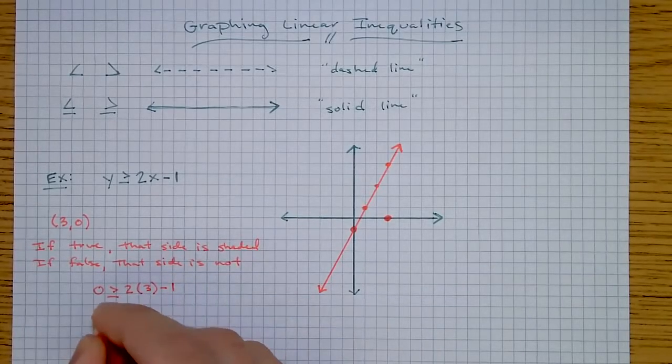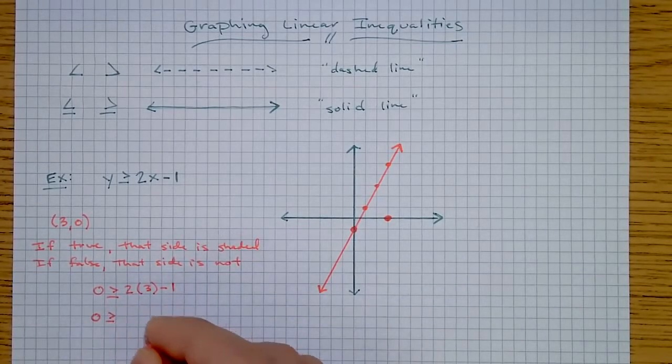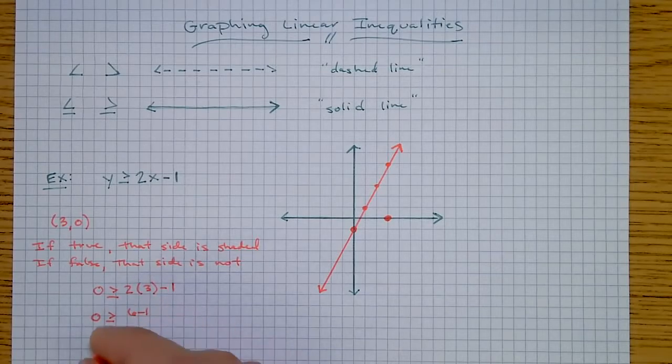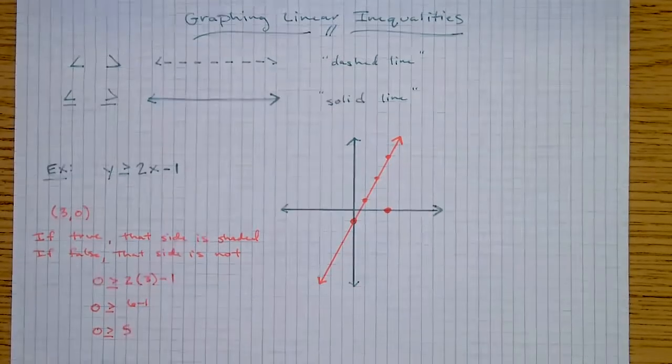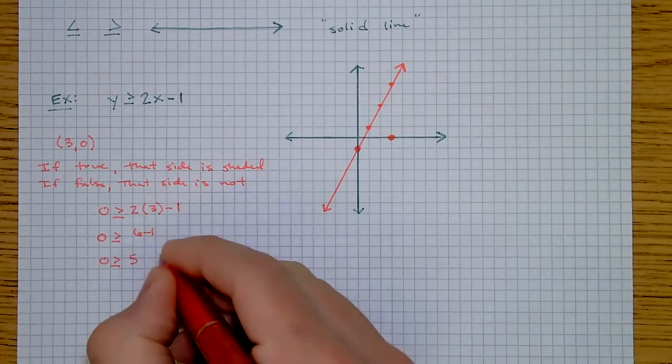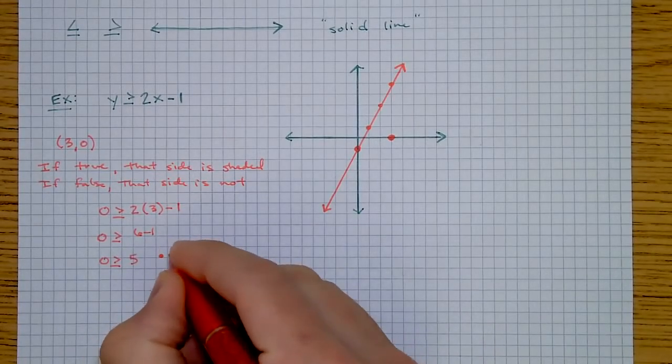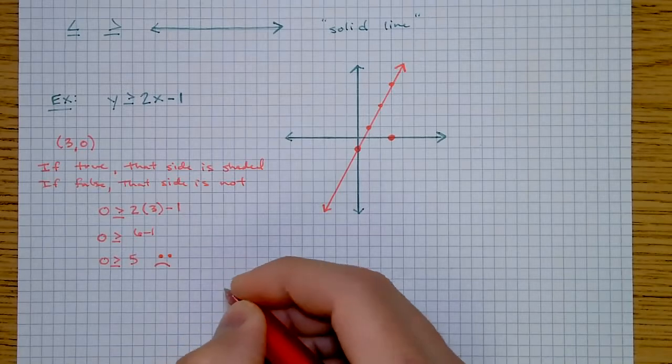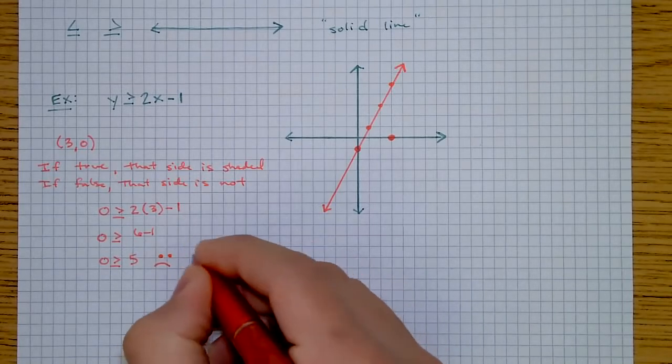All right, so I end up with 0 is greater than or equal to 6 minus 1. And then I end up with 0 is greater than or equal to 5, which is obviously not true.